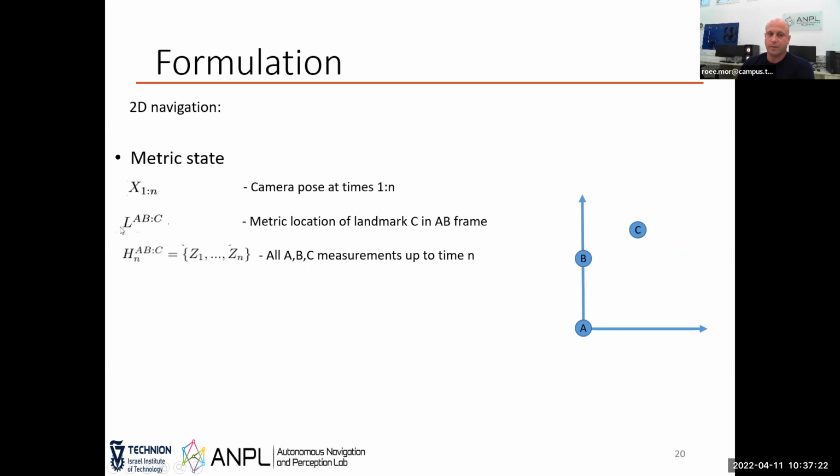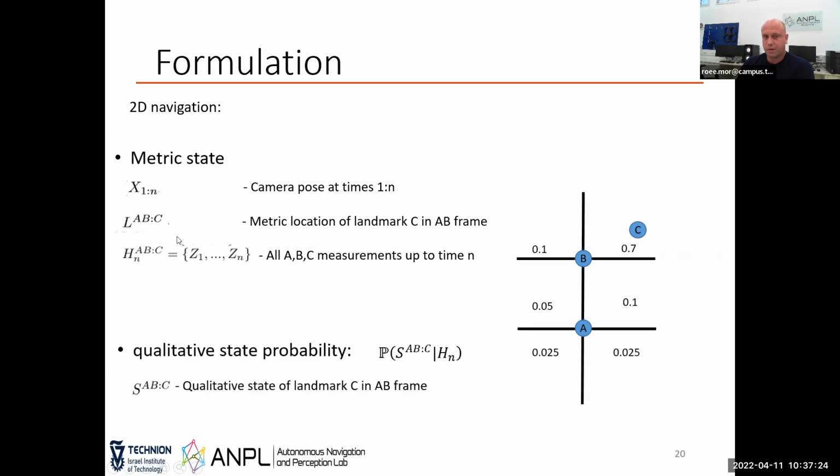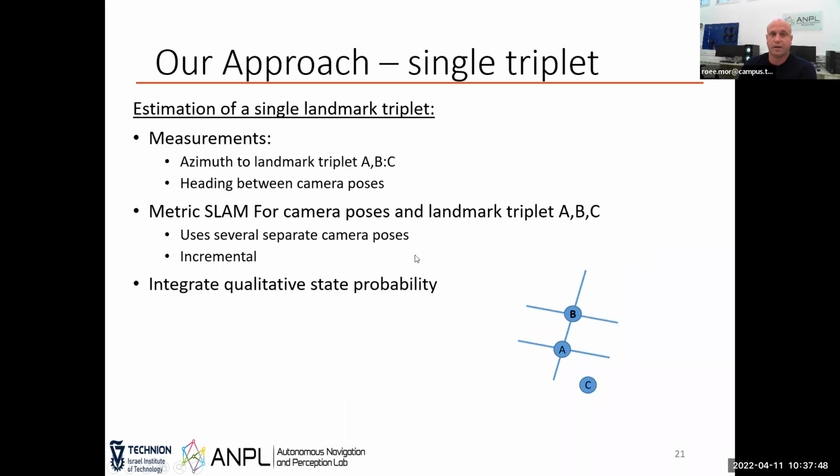So L is the metric location of the landmark, and S is the qualitative state of the landmark in this frame. H is the measurements we have until time N, and what we try to infer is the probability for landmark C to be in each qualitative state in the AB frame given the measurements. Okay, so this is the single triplet problem.